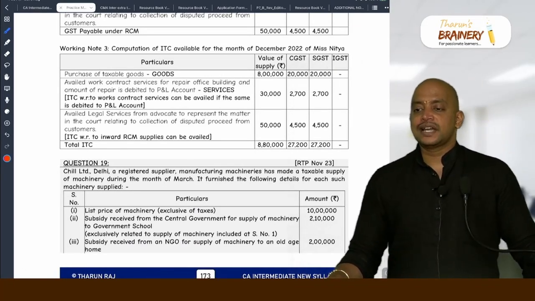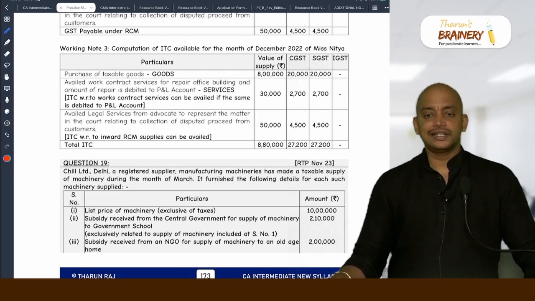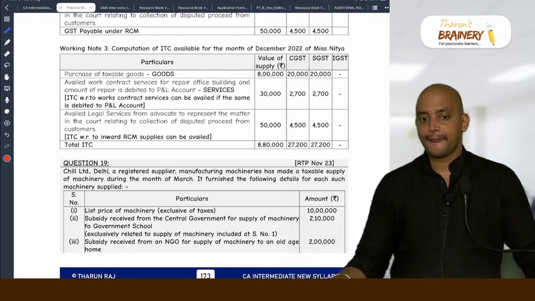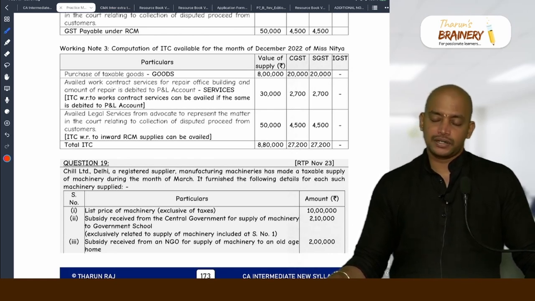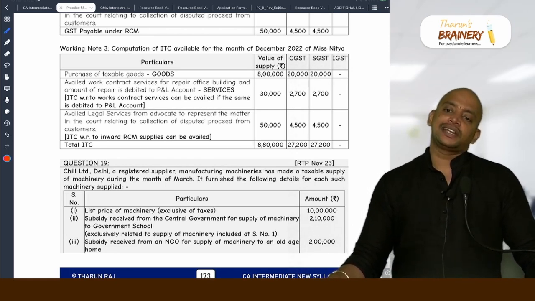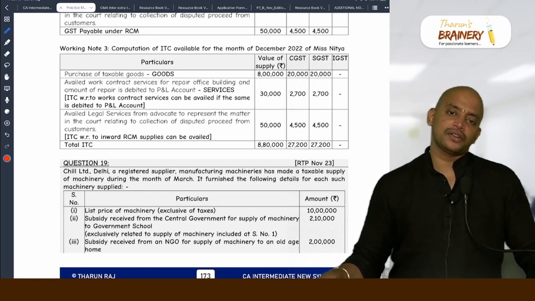And minus ITC utilized. That amount, whatever is that amount. 13,500, 13,500, then add RCM liability 13,500, 13,500, you will get the same answer.